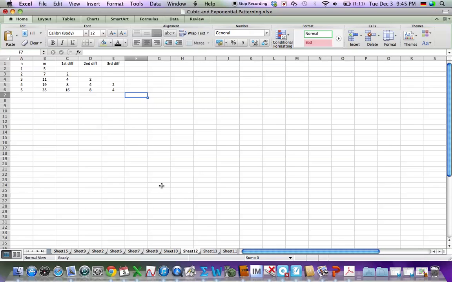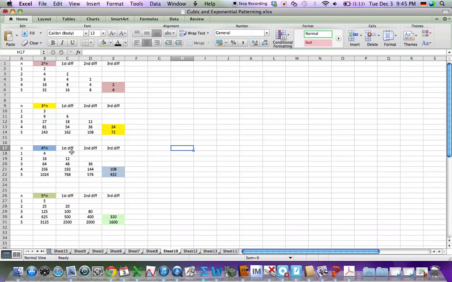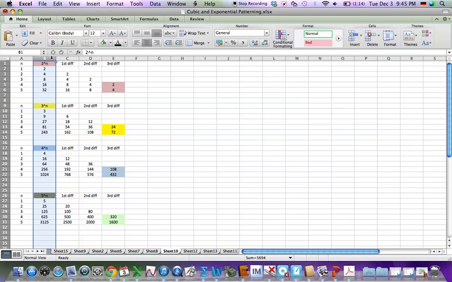Now, before we carry on with this pattern, let's just go back a little bit. Here I've listed, because we think, okay, maybe if it's not a quadratic, it's not a cubic, it might involve powers. So what I've done here is I've listed the powers of 2, the powers of 3, the powers of 4, the powers of 5. Press pause for a moment and check that you understand this column.